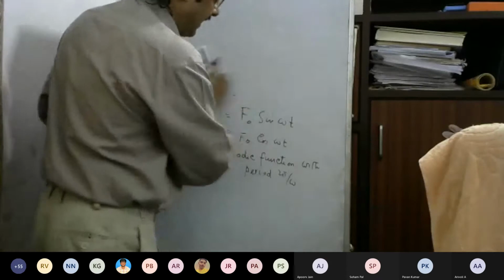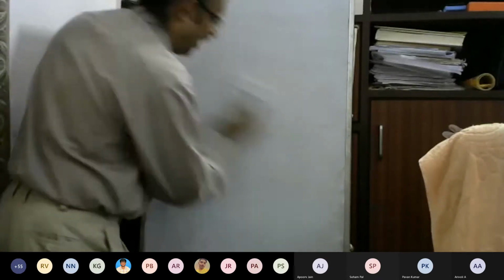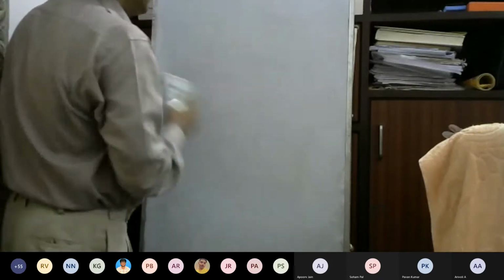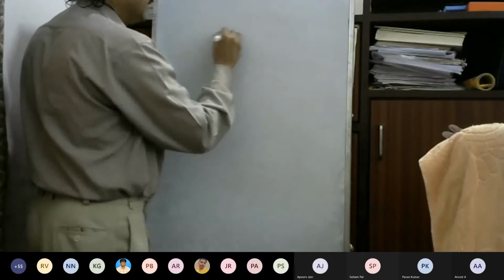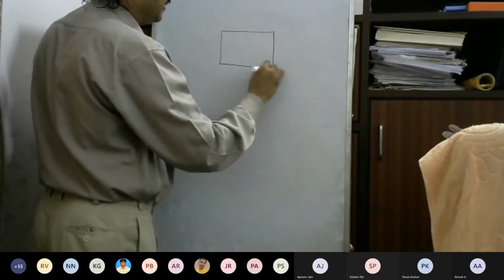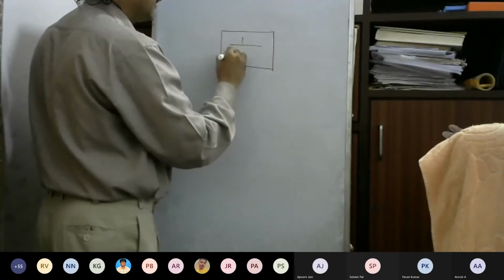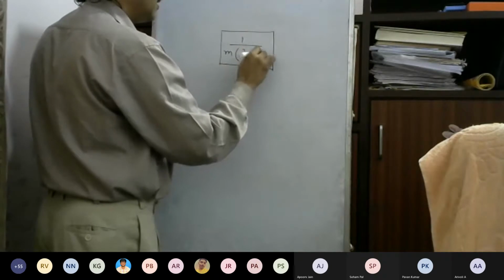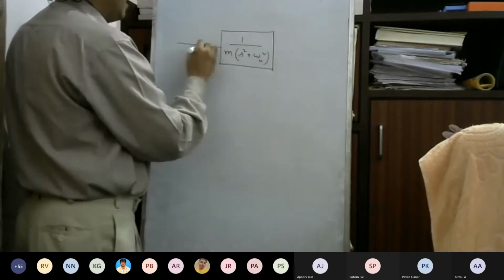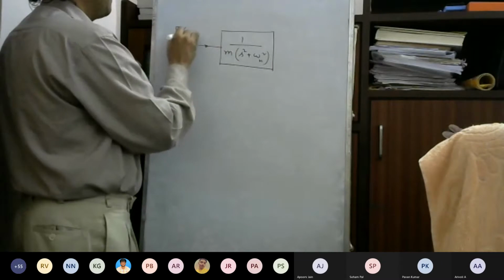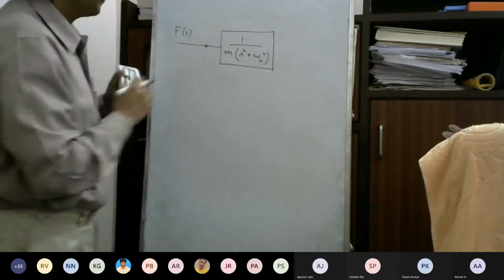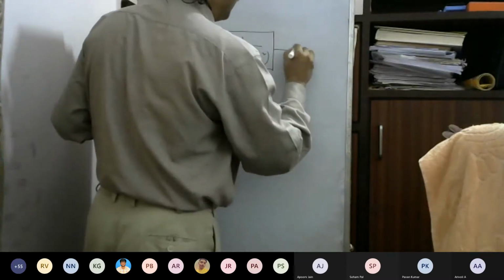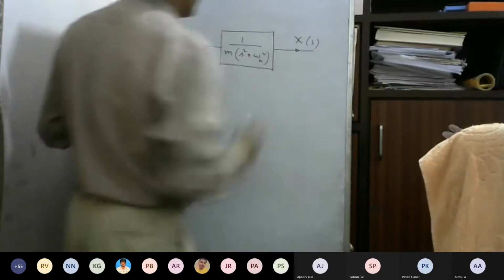What I am going to find out now is that I have the transfer function and I have this F(s), and I want to calculate this.